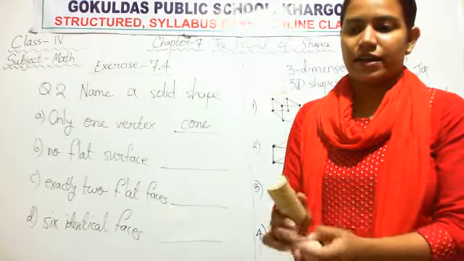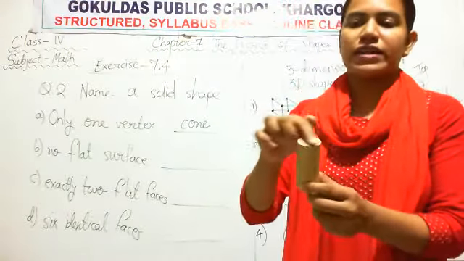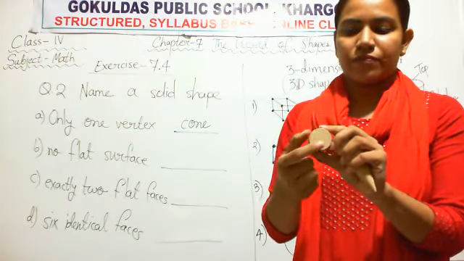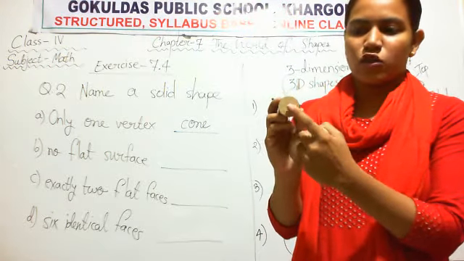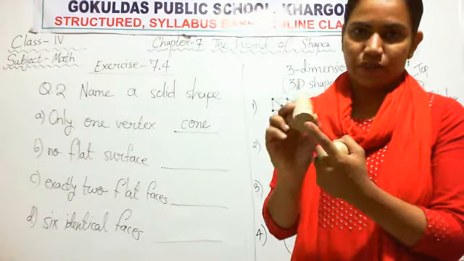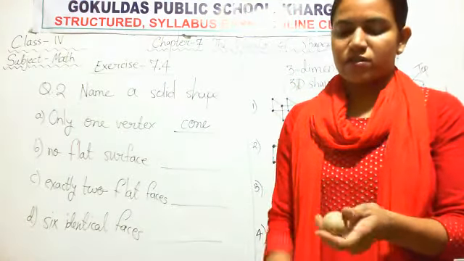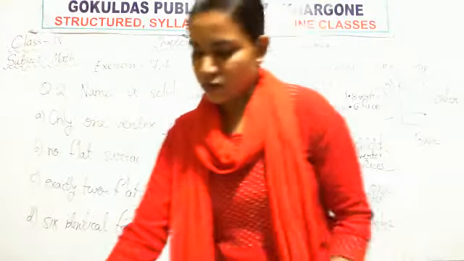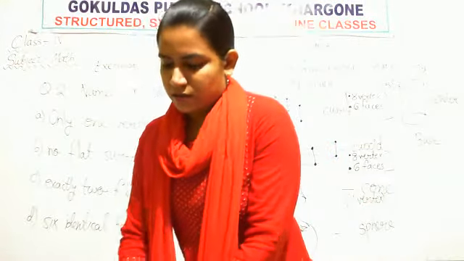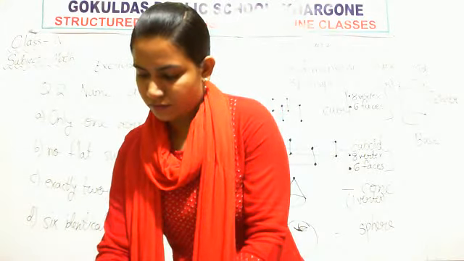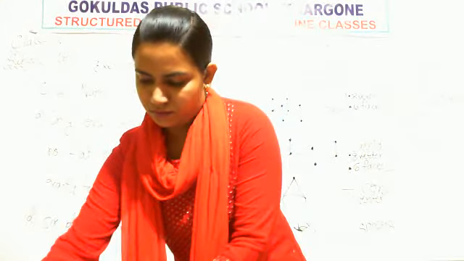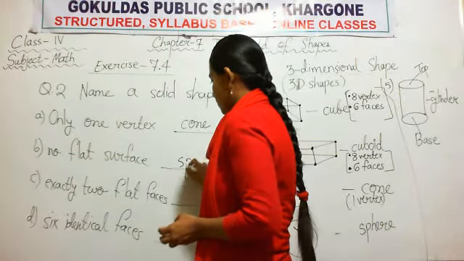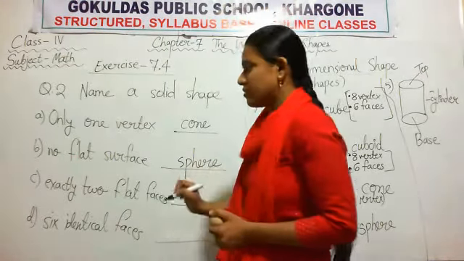The cylinder also has two flat surfaces, top and bottom, both circular in shape. But in a sphere there is no flat surface. So the answer is sphere, no flat surface.